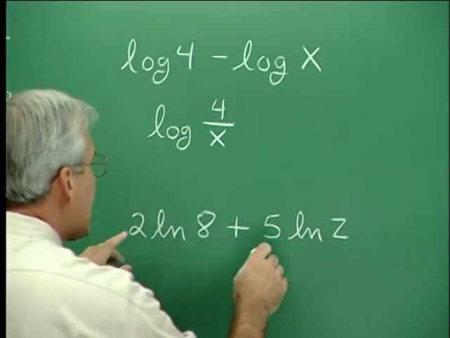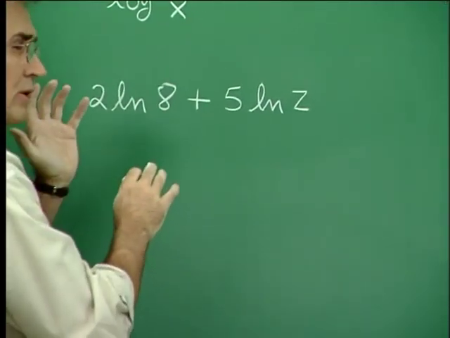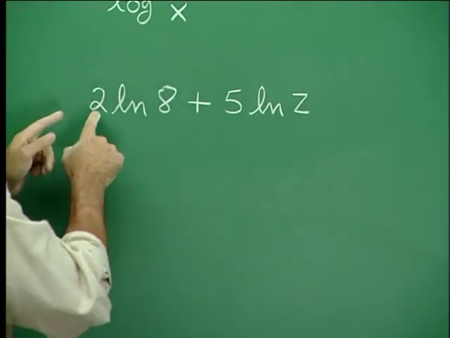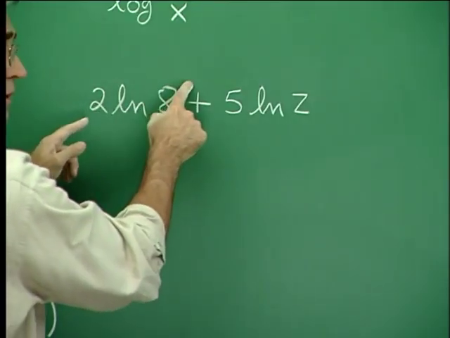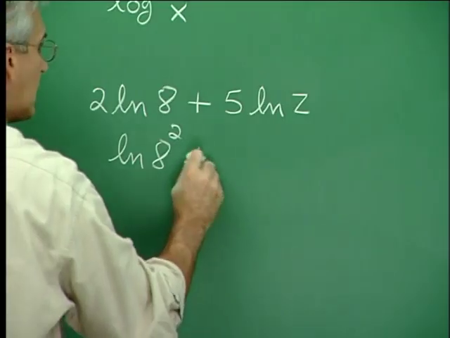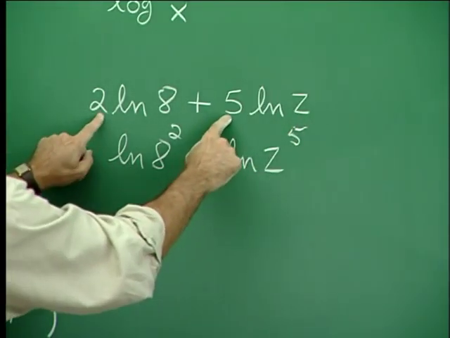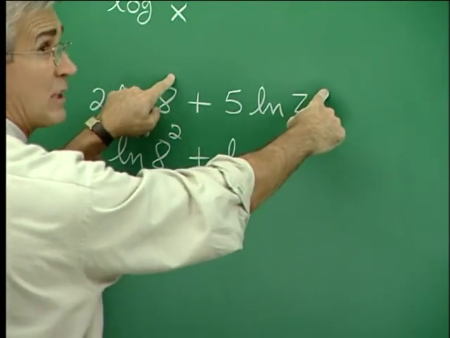All right, when we see coefficients involved in an expression like this, go through and use the power property and write these coefficients as exponents like this. This becomes ln 8 squared, then plus ln z to the 5th. I'm just moving these coefficients to a position of an exponent.